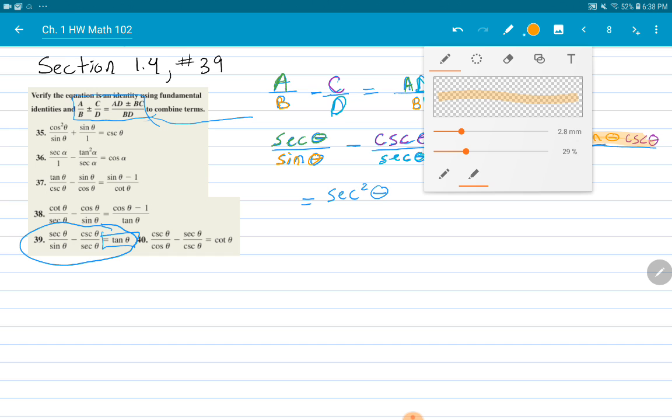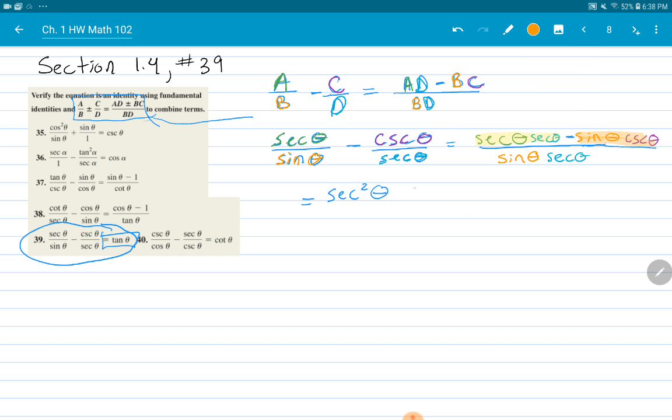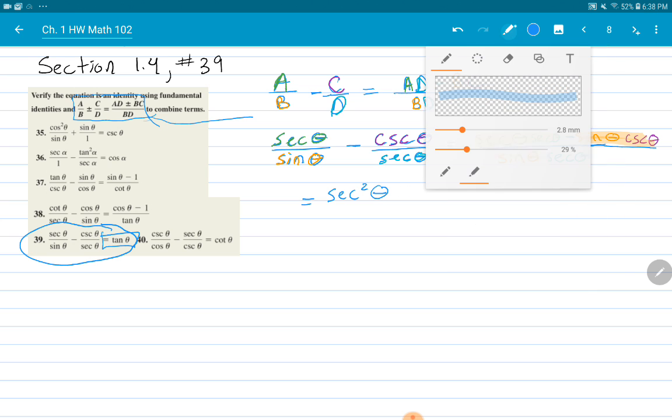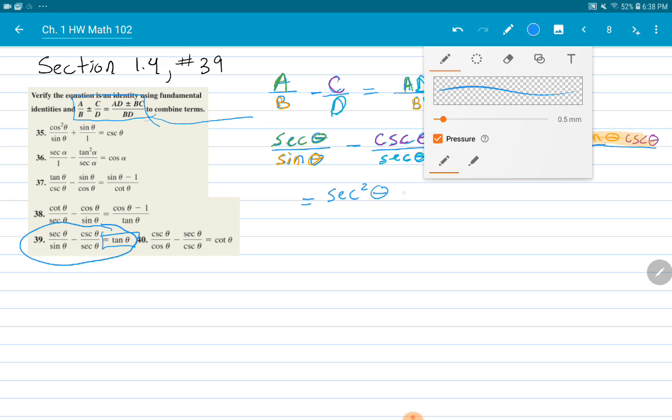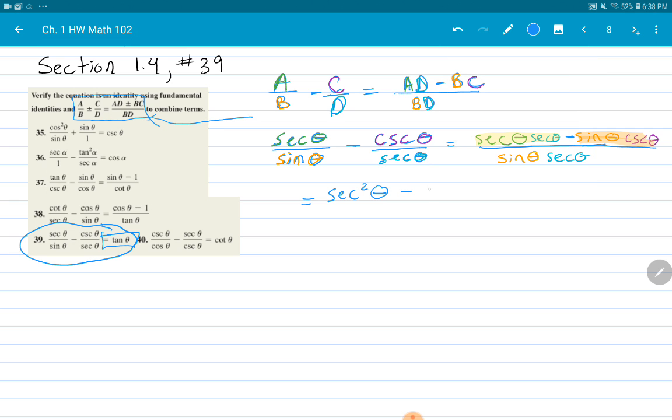So we still have the minus there. Minus, so sine of theta times cosecant is 1 over sine of theta. So they're inverses, so they end up canceling and just becoming 1. And all that over sine times secant. So that's sine of theta times secant of theta.